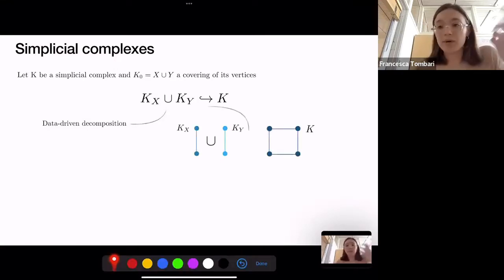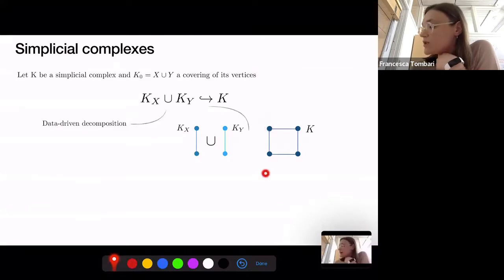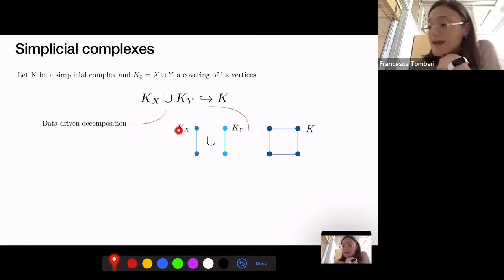An example of things that might go wrong when taking a decomposition instead of the total simplicial complex is this. Our initial K is this square here. If we take the decomposition given by the two vertices on the left, which give X, and the two vertices on the right, which give Y, restricting K to these sets, we get these two edges.